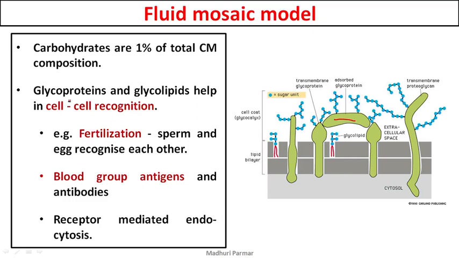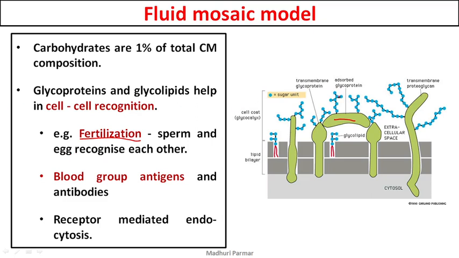Fine. Now, why are these glycolipids or glycoproteins important? They are important for cell recognition. For one cell to recognize another, you require glycoproteins and glycolipids. Example, during fertilization, the sperm and the egg recognize each other because of these glycoproteins.